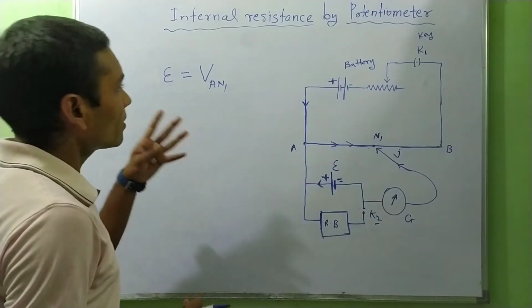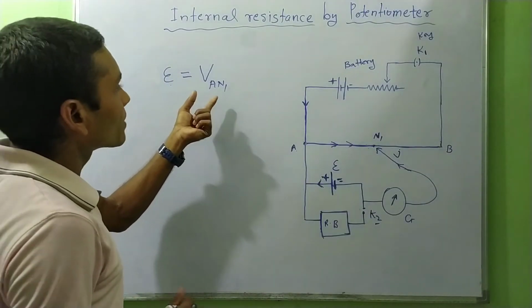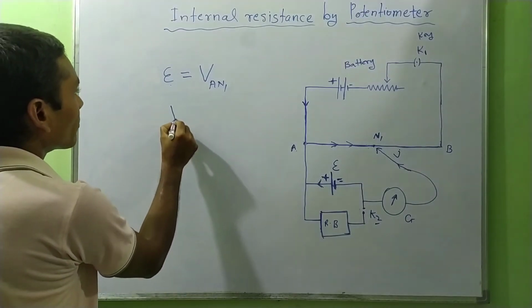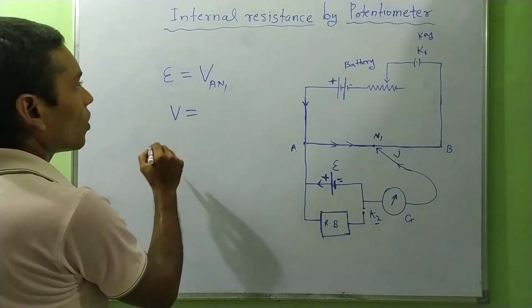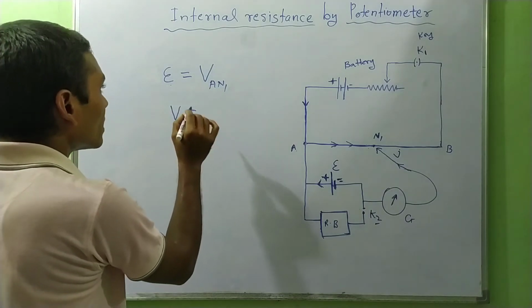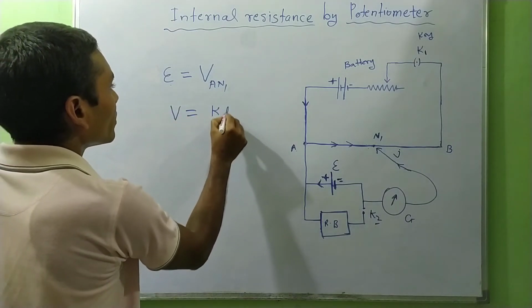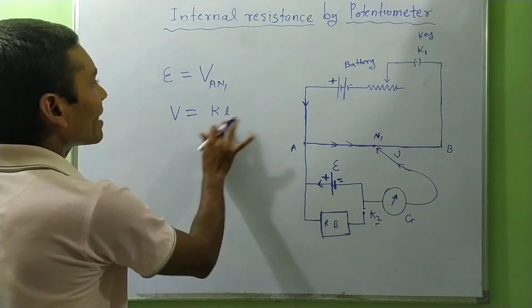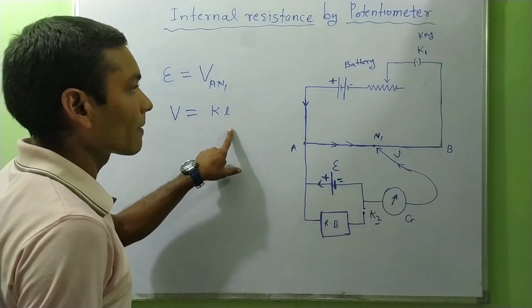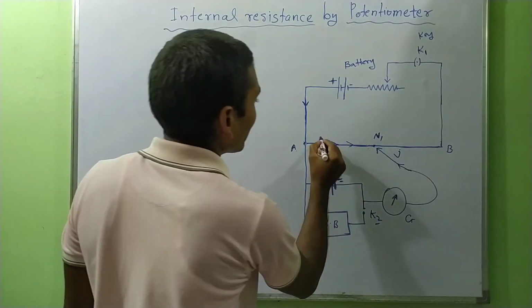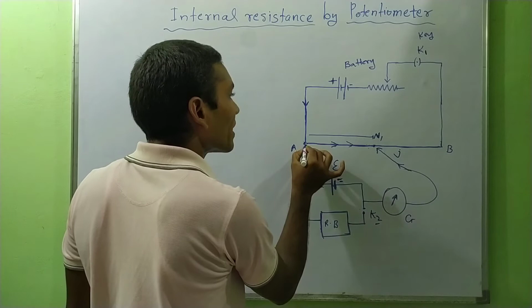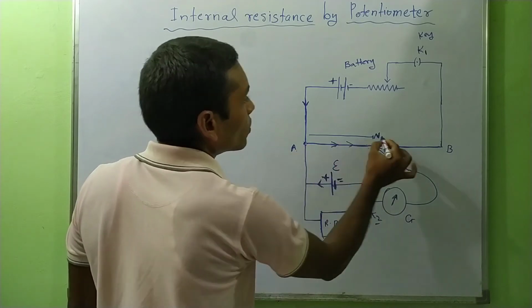In the principle of potentiometer, we know that the potential drop is equal to K into L, where L is the balancing length. Here the balancing length is the distance from point A to N1.